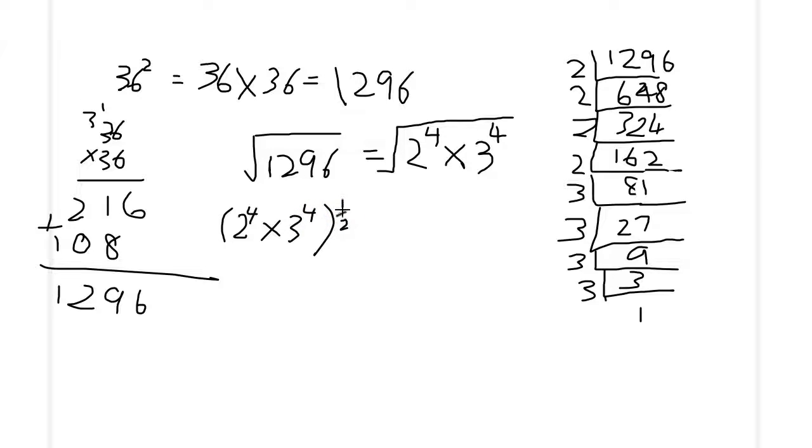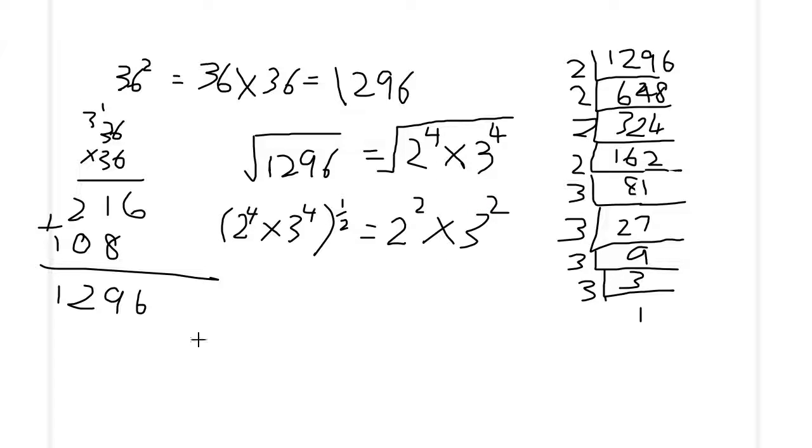And when we have a power of half here, you would times this 4 by half, so your result is actually 2 to the power 2 times 3 to the power of 2. And so this is your answer.